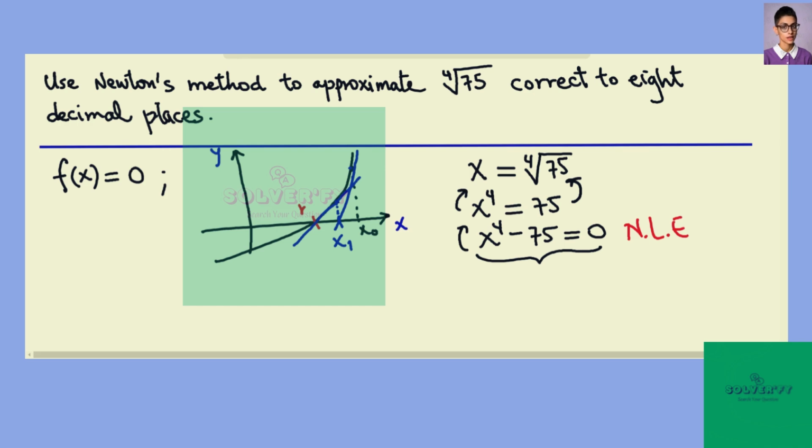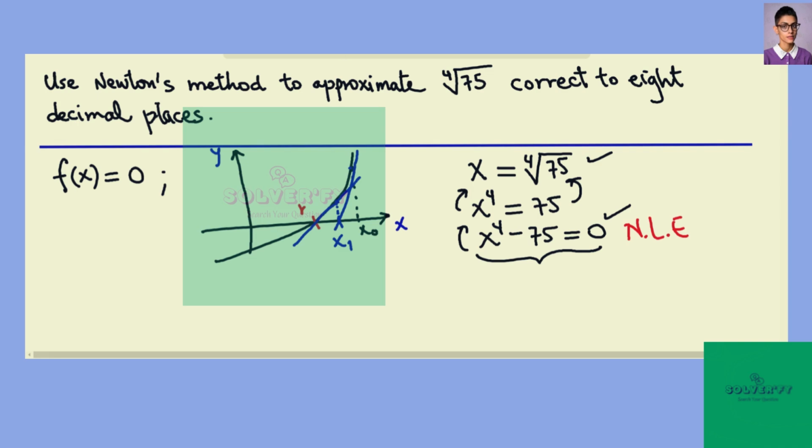And so these equations are equivalent, they are the same, that is, we can go from one to the other. So it means that if we solve this nonlinear equation, we will have a value x which must be equal to the fourth root of 75. So, sorry, I just put this here, it's not correct.